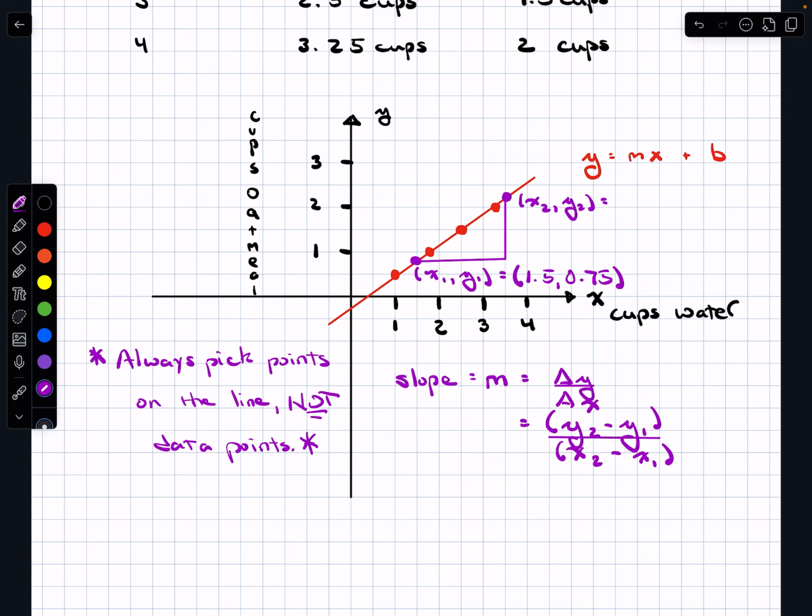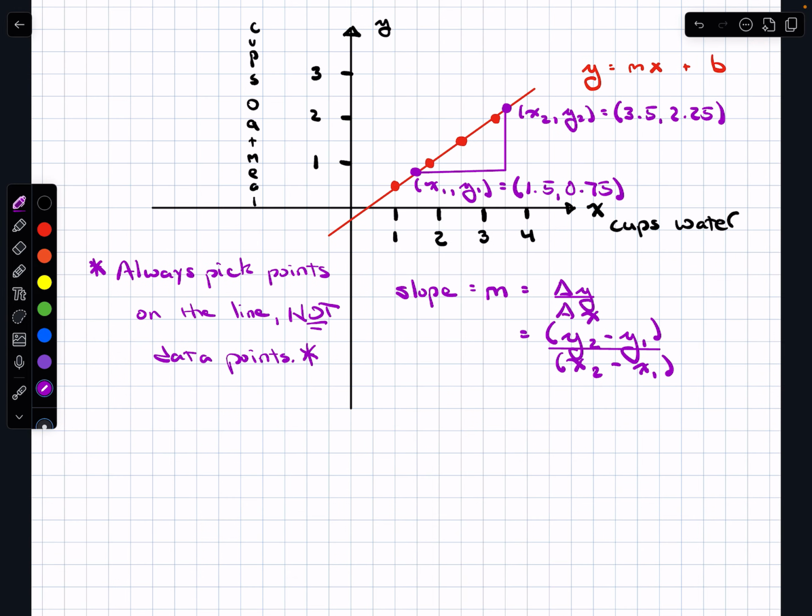And then for x2 and y2, let's take a look here. We've got a value of x2 that is about 3.5 and a value of y2 that's about 2.25. So let's write that down. So x2 is about 3.5 and y2 is about 2.25. All right. So now we've got x2, y2, and x1, y1.